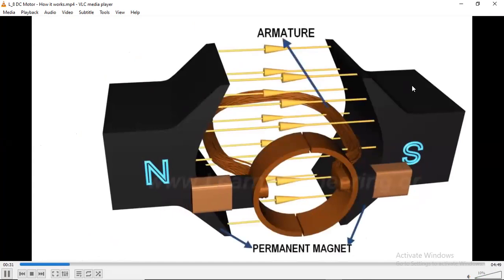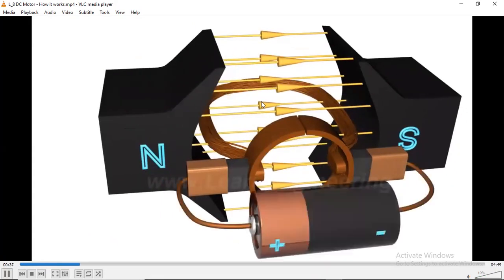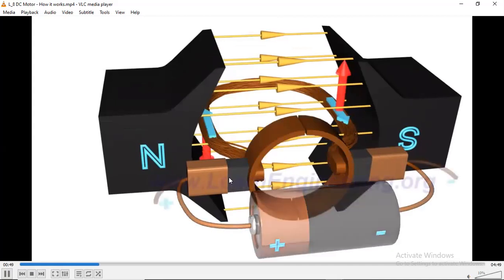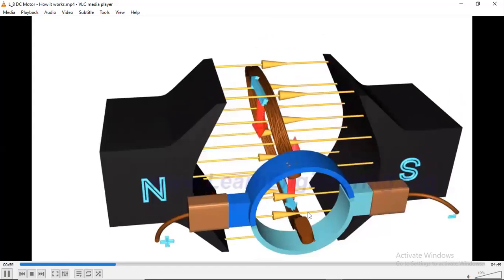A permanent magnet of north and south is placed in the DC motor so the magnetic field flows from the north side to the south side, and we provide the DC supply, positive and negative, to the positive carbon brush and negative carbon brush of the pair, and then the commutator is rotated.